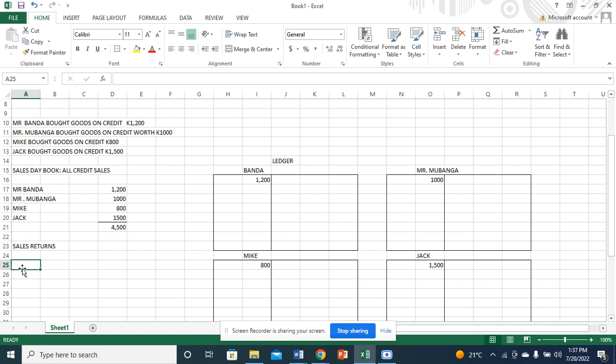So let's say, for example, Mr. Banda brought back goods worth 175. Mubanga brought back goods worth 200.